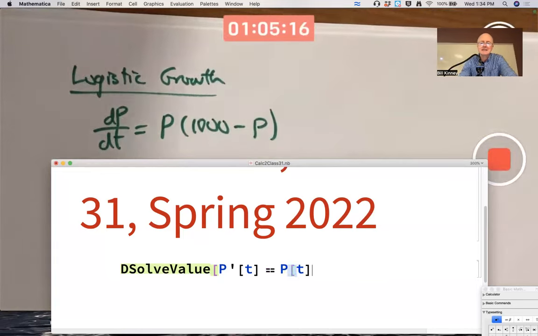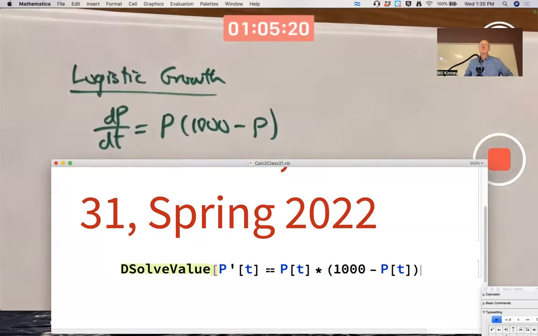So p prime of t, not dp dt. Use the square brackets for variable inputs like usual. Use double equal signs. And make sure you put the square brackets t for the p's on the right side.